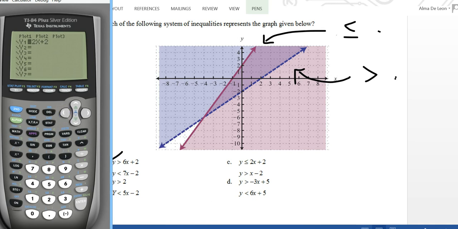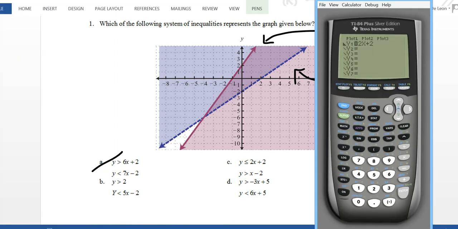I have a less than or equal to symbol, which means I'm going to require a triangle that's below for less than. Then I'm going to go to y2 and type in x minus 2, my second inequality. I have a greater than symbol, so I'm going to be using the triangle that's above.